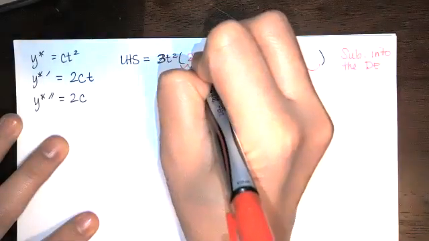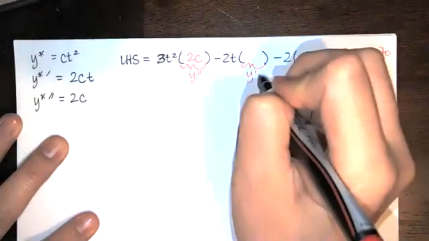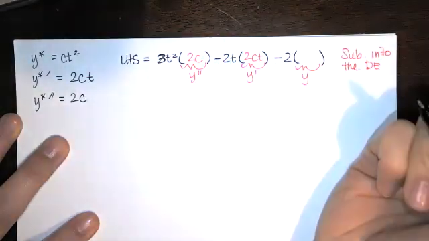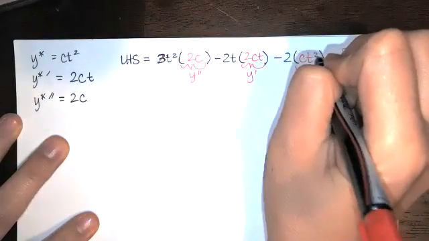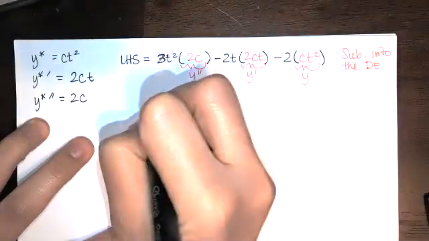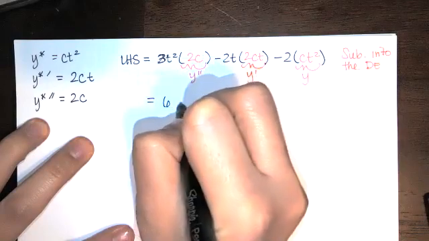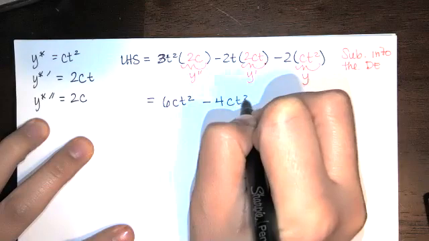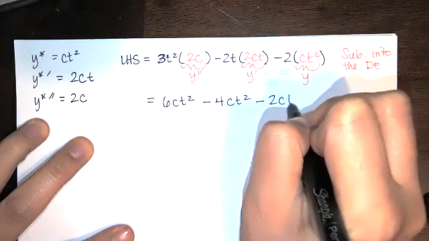Y double prime is 2c. Y prime is 2c times t, and y was equal to c times t squared. And so we get this 6c t squared minus 4c t squared minus 2c t squared.